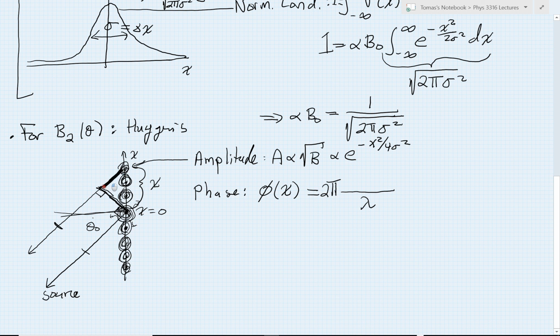That is this distance. And if we follow the geometry here carefully, if this angle is theta, that tells me that this angle would be the complement of theta naught.